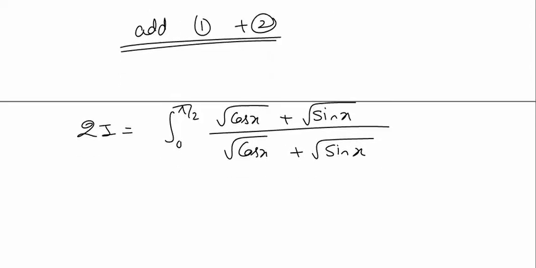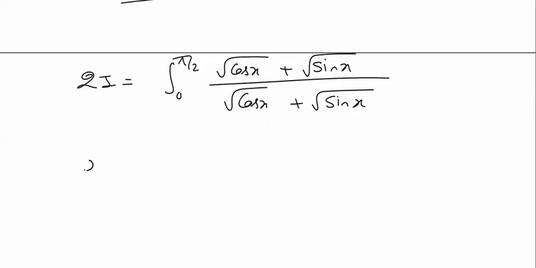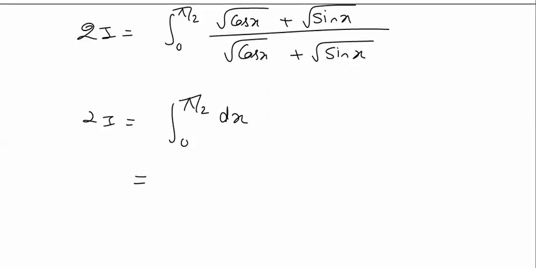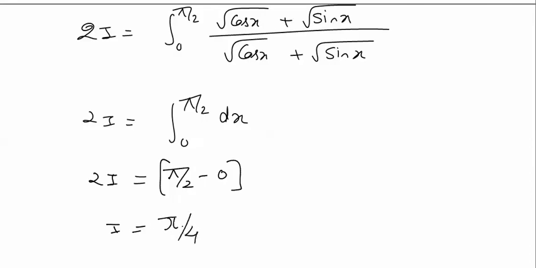Can we? Yes. So 2I is nothing but integration of 0 to pi by 2 of dx, or integration of 1 will be x, which is pi by 2 minus 0. So 2I is pi by 2, and I is nothing but pi by 4. That's your answer.